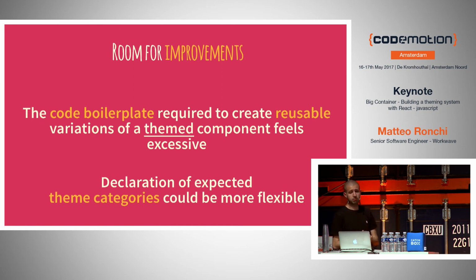And so we know, as I said, that we can improve. We are trying to make the syntax better before we open source it. I really hope we will be able to reduce a lot of the boilerplate, and also have a nicer way to define which categories of the theme we need to access.